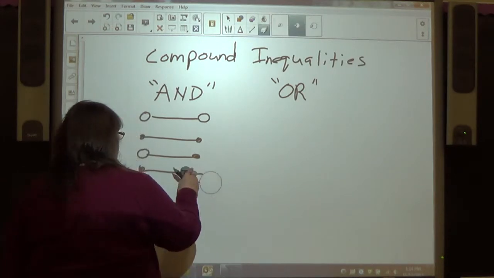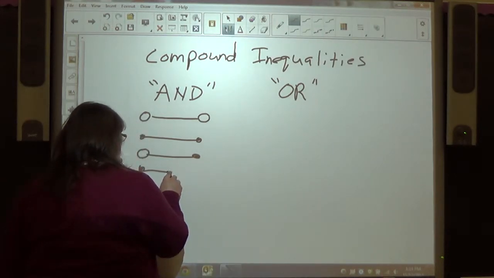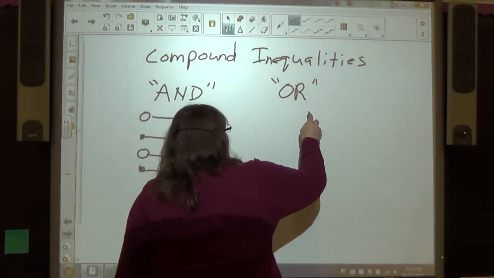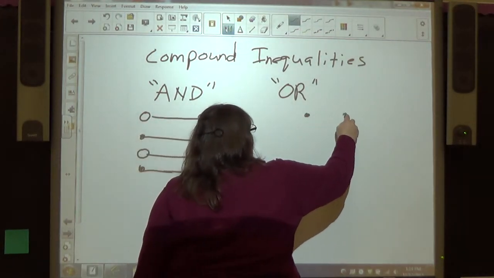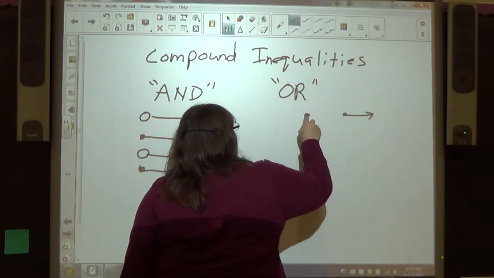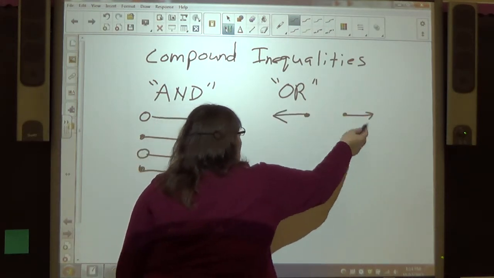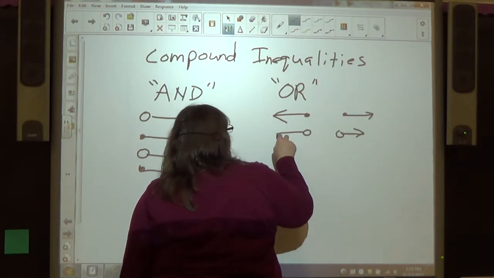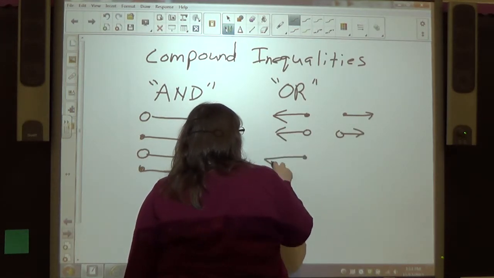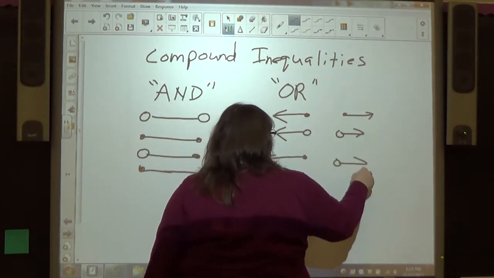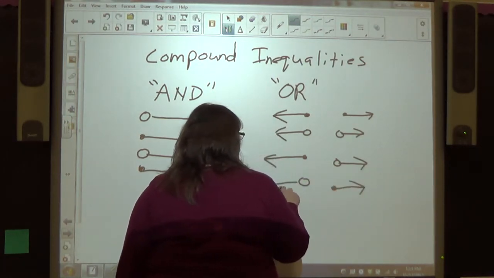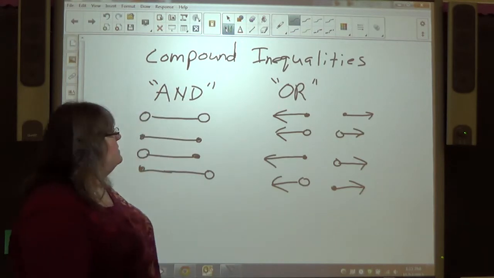Whoops, got sloppy. Or has endpoints, but they shoot off in opposite directions, one or the other. Okay? So this is how your graphs will look in and or situations.